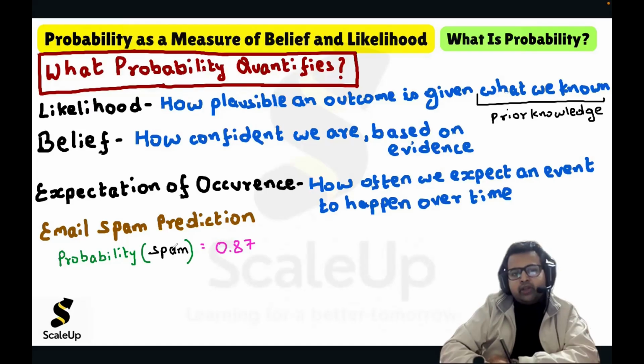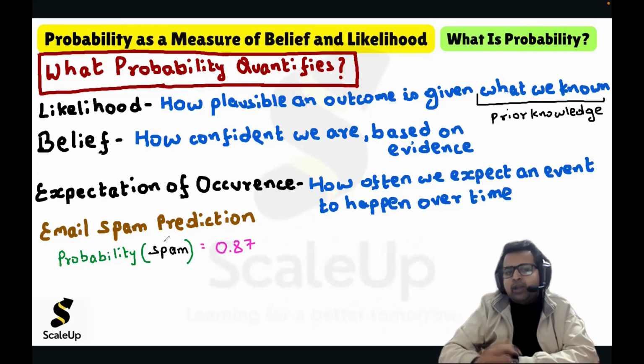So basically we quantified the spam, because we know that the output of a machine learning model is always uncertain, it is always a probability. So email spam prediction is a machine learning model, and we give it an email, and it is giving us the probability of that email being spam as 0.87.